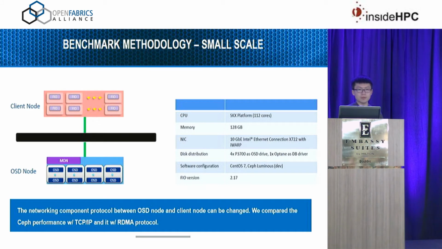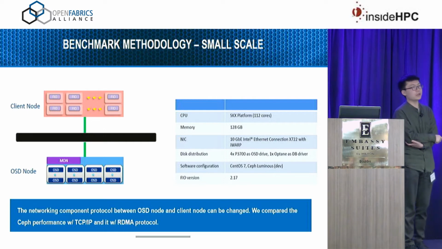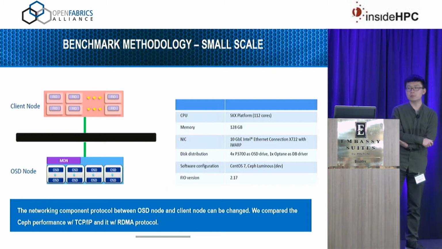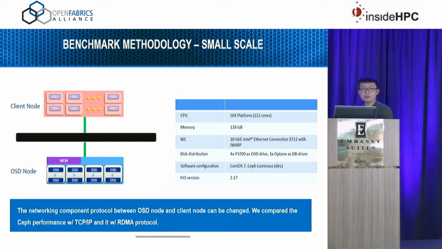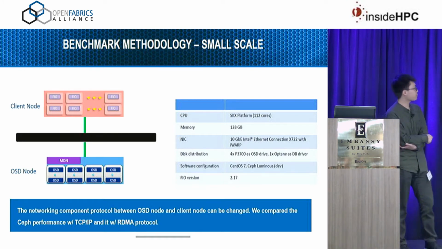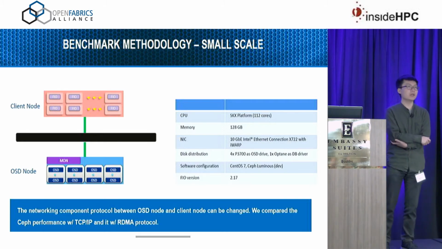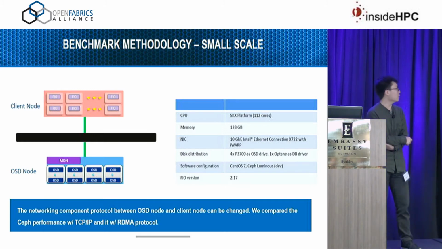So here is the benchmark methodology. We first benchmark on a small scale, one client node and one OSD node. OSD is the name of the Ceph storage service process. On the client node we have 10 FIO processes running, and on the OSD node we have 4 OSD processes and 1 monitor process running.